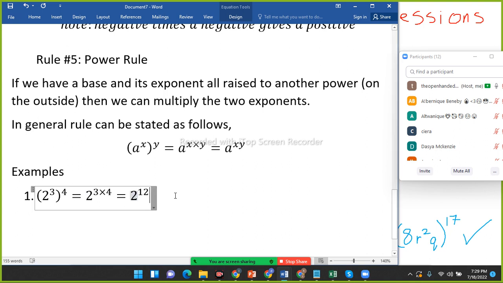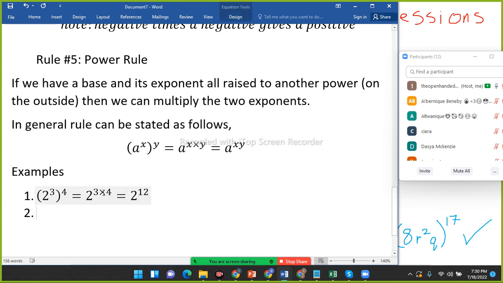So 2 to the power of 3 all raised to the power of 4, we just multiply the powers. That's 2 to the power of 3 times 4, which is equal to 2 to the power of 12. That's the idea here.